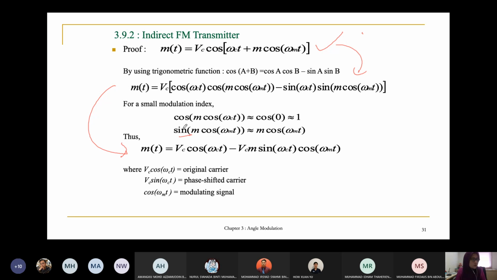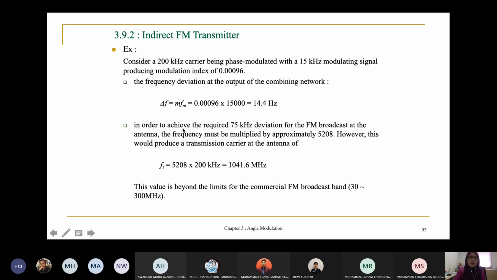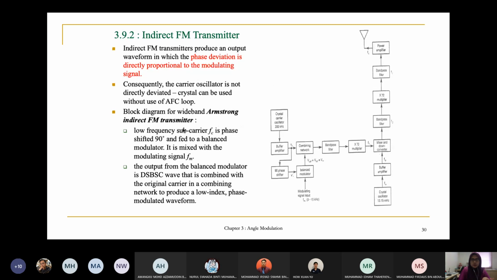Okay, so now let's look at the example for the indirect FM transmitter. This is an example on the Armstrong indirect FM transmitter block diagram.